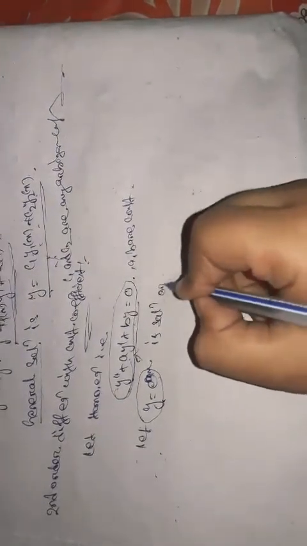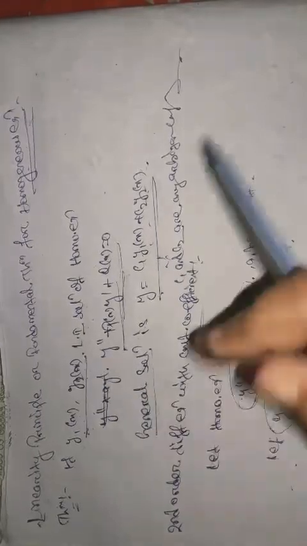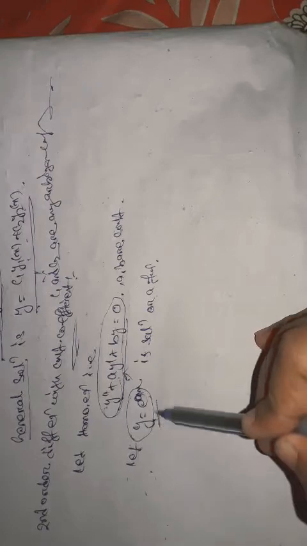So here we take a solution y equals e to the power mx. So this is the solution of this differential equation. Each solution is a function; y1(x) and y2(x) are also solutions and functions.